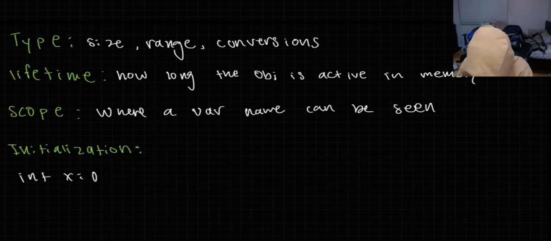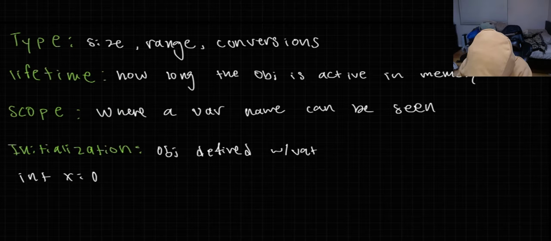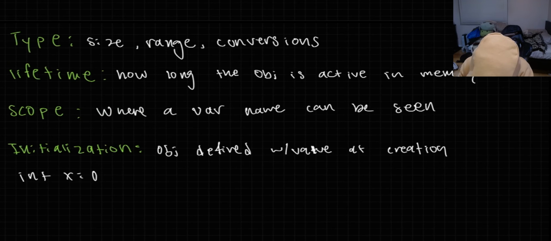So, object defined with value at creation. And remember, scope is just curly brackets, pretty much. Those are bad curly brackets, but you guys get the point.